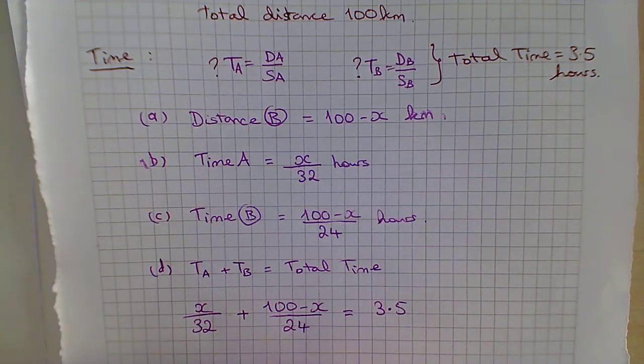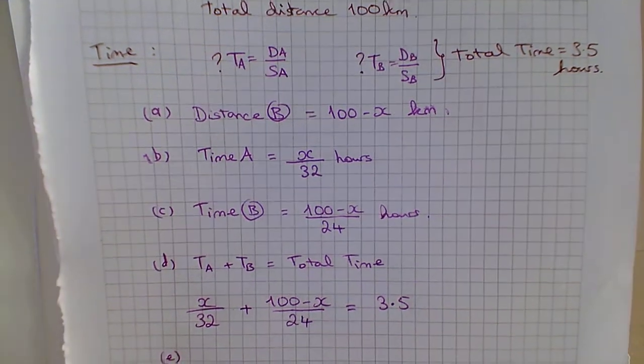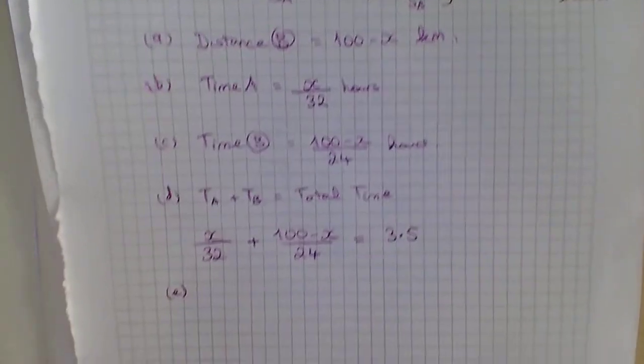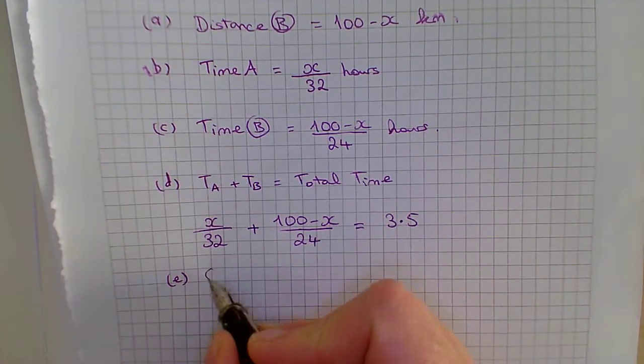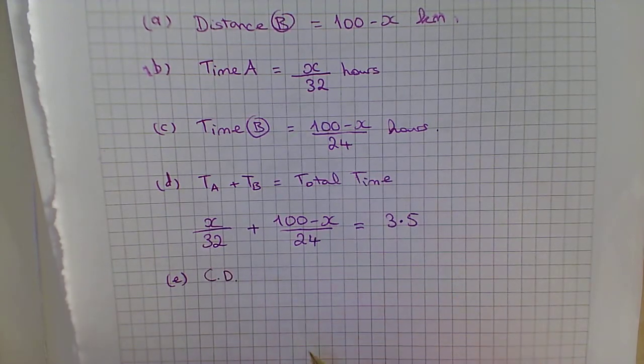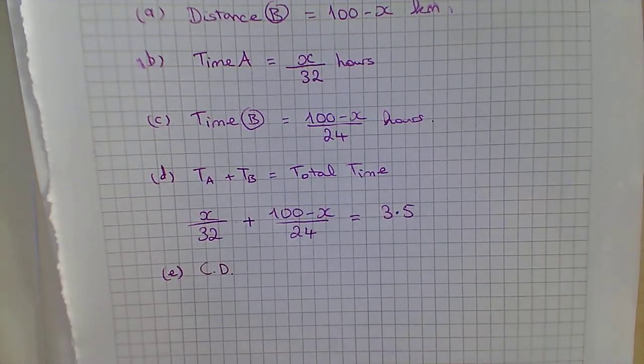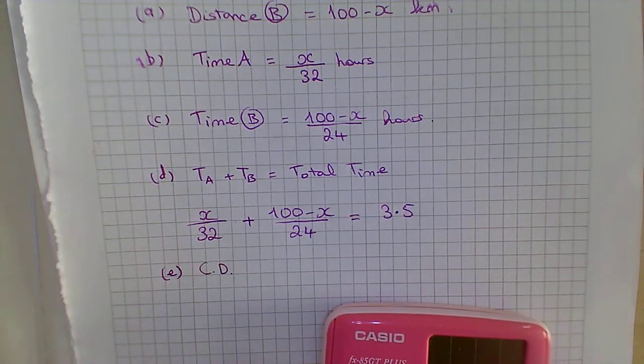Part E then asks us to solve this equation. Well, if we're going to solve it, we've got to get rid of the fractions. So the first thing we're going to do is write down our common denominator. We're looking for something that both 32 and 24 divide into.